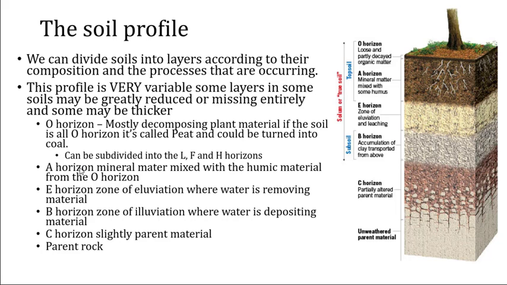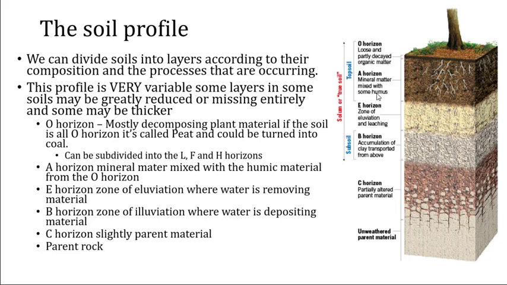Underneath the O horizon, you have the A horizon. Here you have mineral matter mixed in with organic matter, because the water is going to flow from the top to the bottom, and it's going to leach out some of that organic matter and wash it down into the next layer down, which is the A horizon. You can see they say here mixed with some humus.